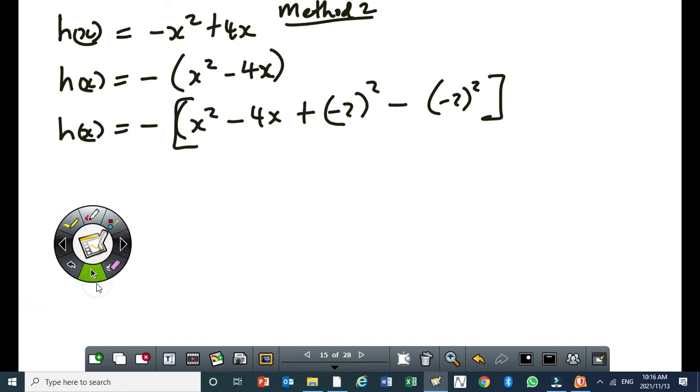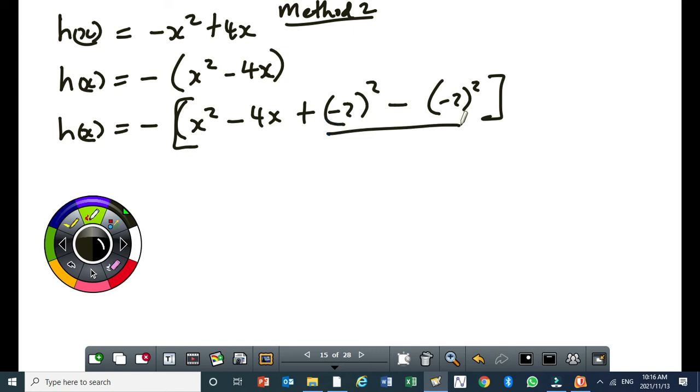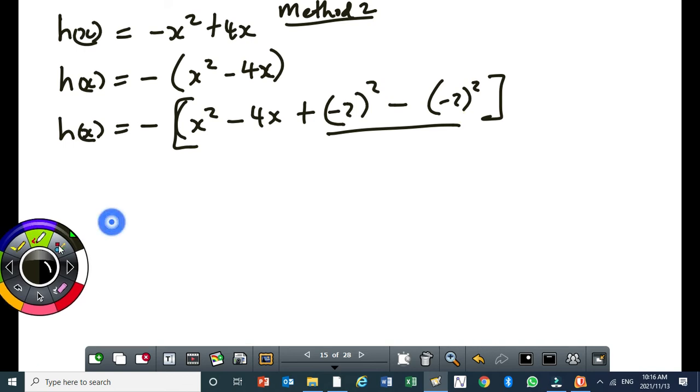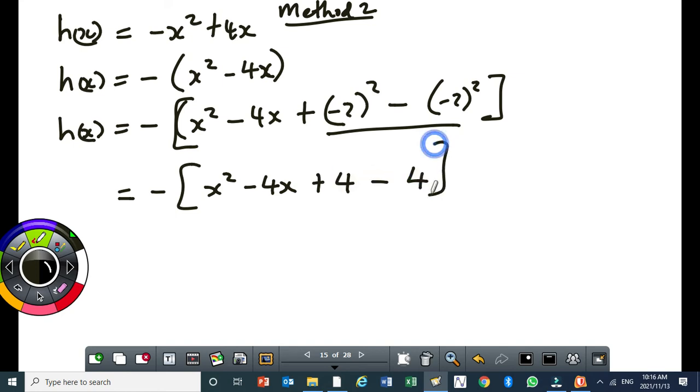And just to ask you, what answer do you get if you simplify this part? Plus 4 minus 4. Get 0. Okay, so it's just a manipulation. The objective is to create the perfect square trinomial. So this becomes minus, x squared minus 4x plus 4, minus 4.